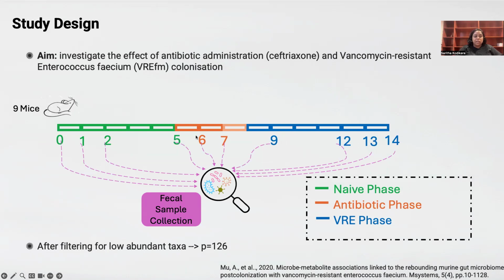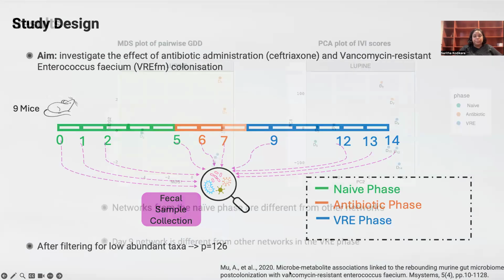So you have interventions on days 6 and 7 from the antibiotic, and on day 9 from the VRE-FM colonization. After you filter the low abundance taxa, you are left with around 126 taxa in this case. If you want to read more about the experiment itself, you can refer to the paper given below.